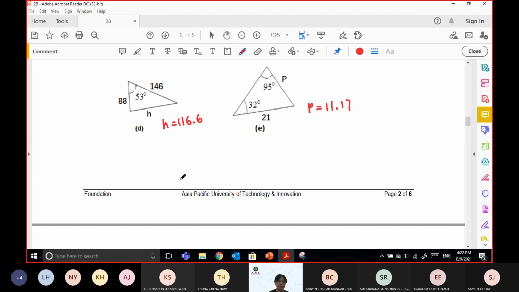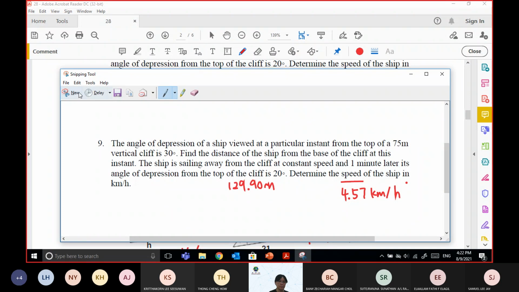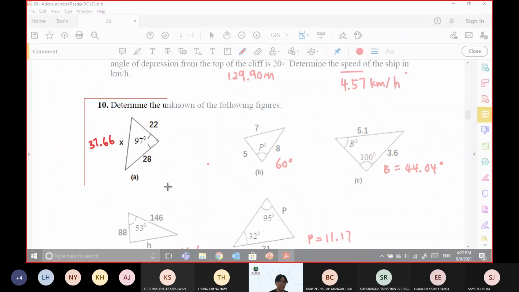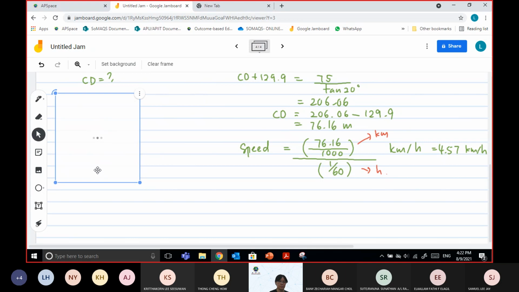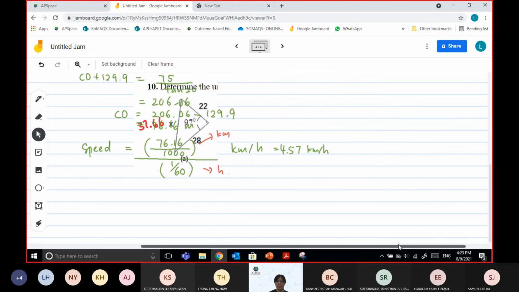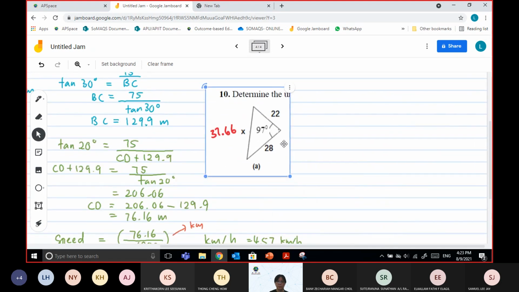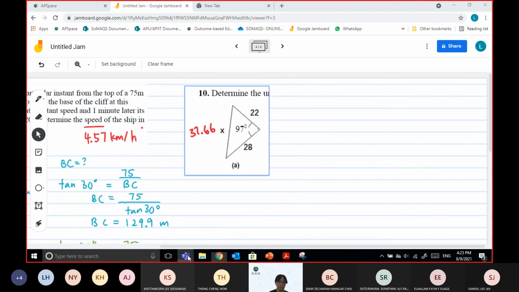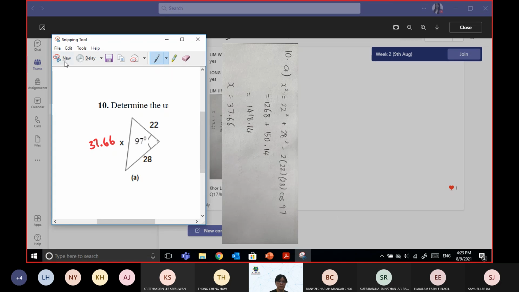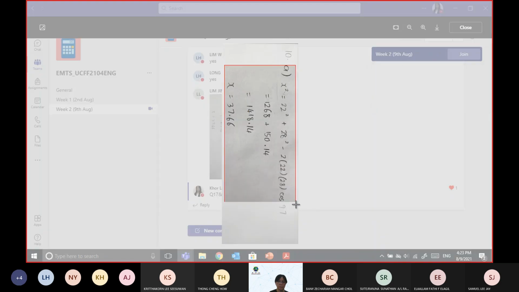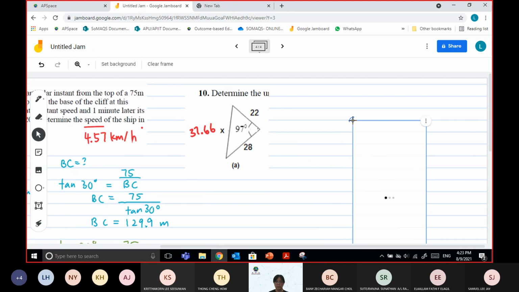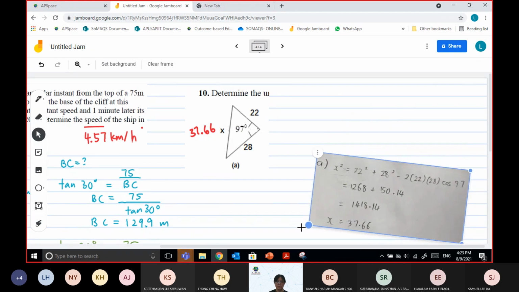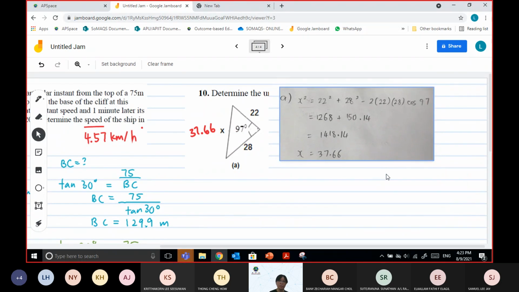10A, okay. This is the solution for 10A.